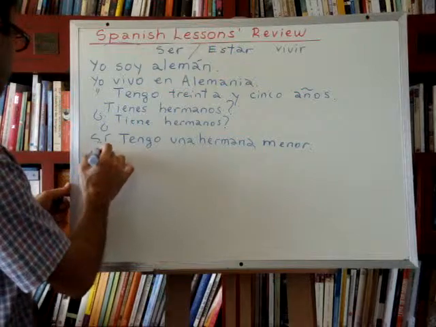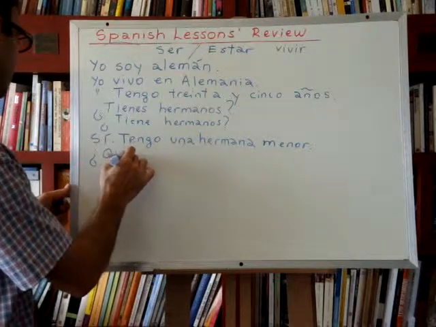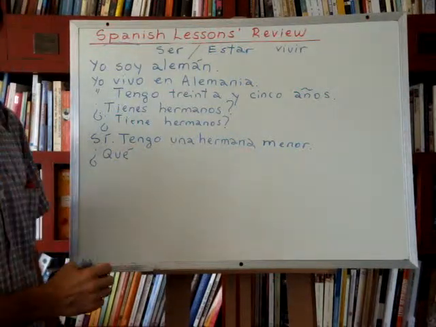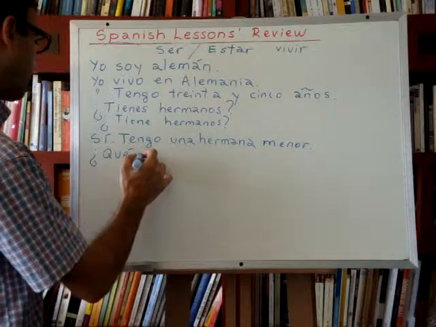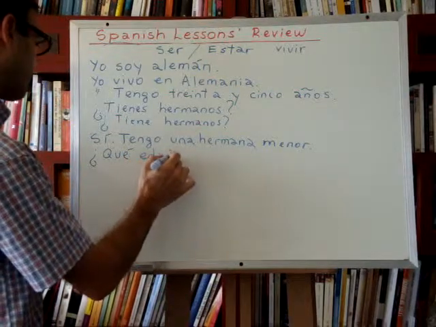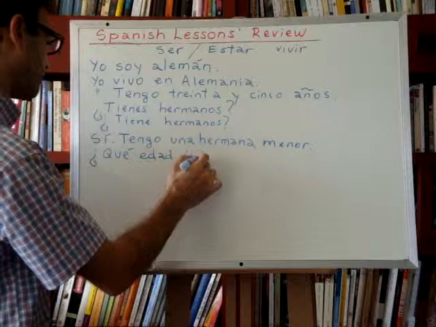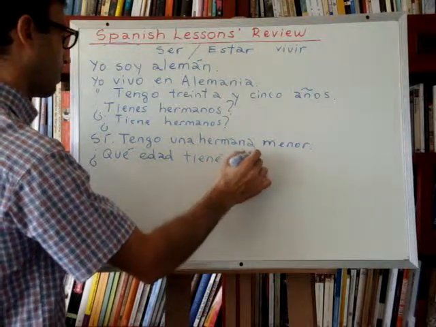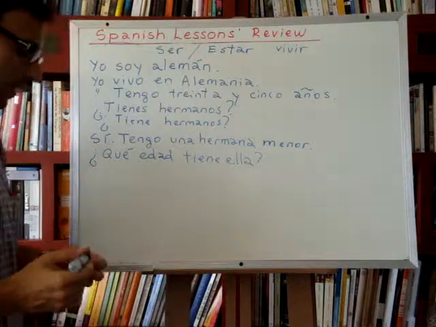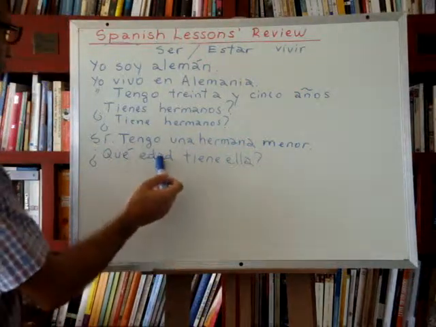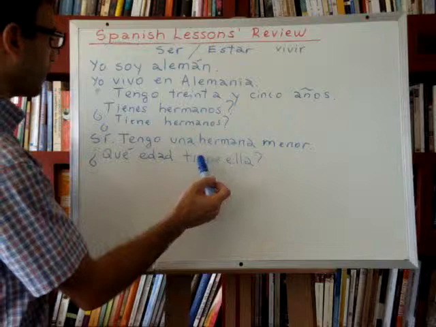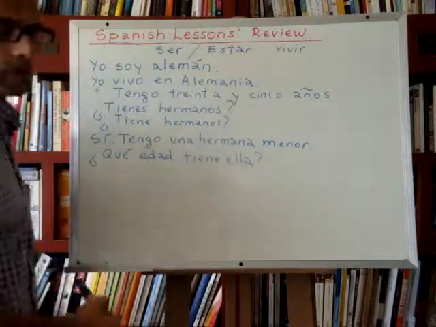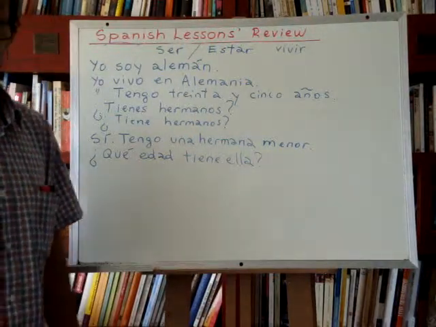We would ask ¿qué? ¿Qué is the word for what, right? ¿Qué edad tiene ella, right? So we don't say the word sister again. What age she has, or what age does she have, right?